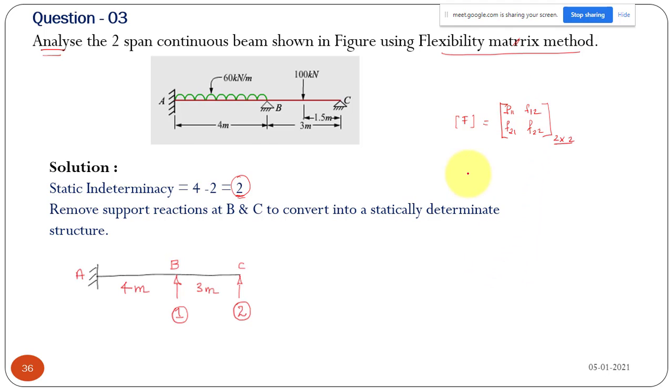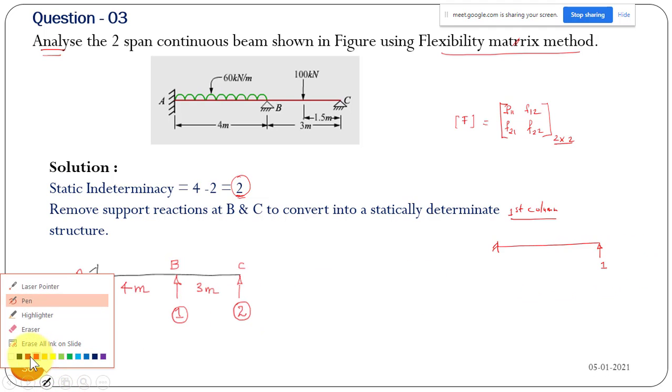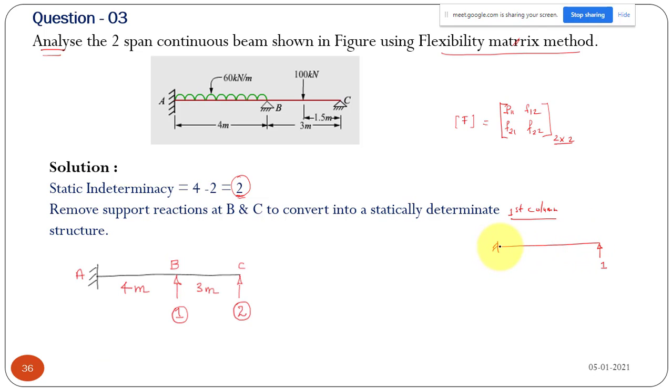Then we develop a column of this matrix. Take your cantilever beam without any load and apply a unit force in the upward direction here, and then we can find out the deflection at the free end.